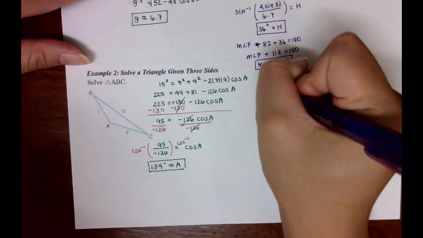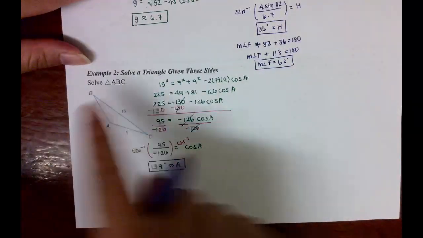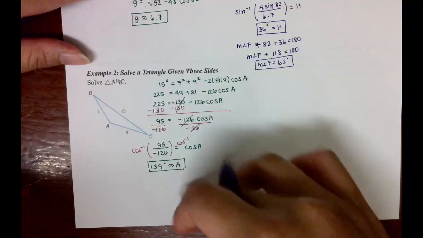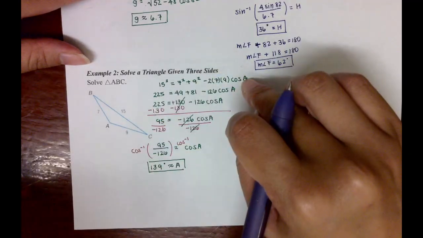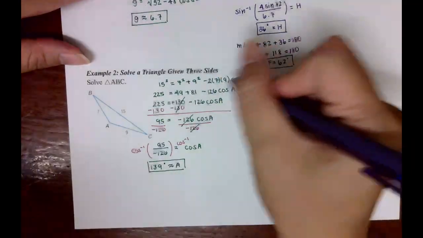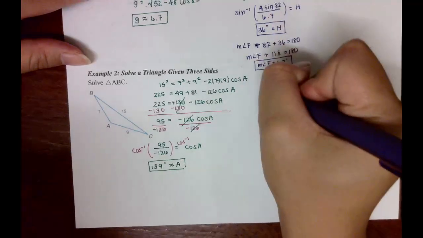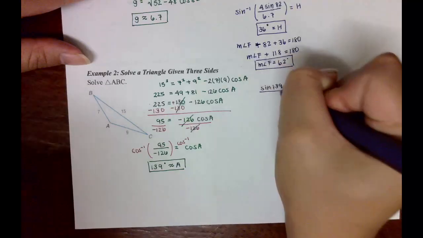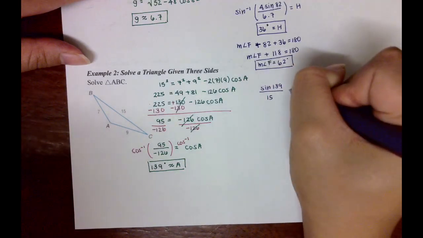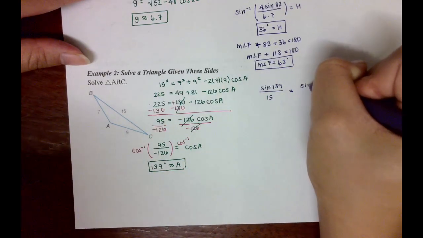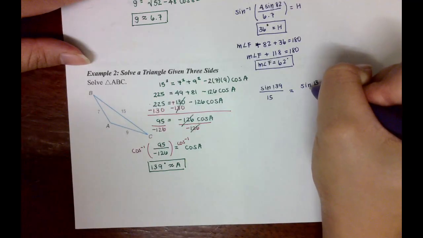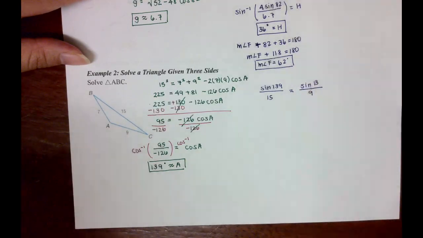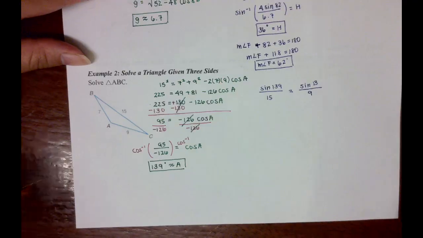Okay, so now, again, we can use law of cosines all over. Again, just change it to B and cosine B, right? But law of sines is a little bit faster. So we're going to use the pair we now have. So sine 139 over A, which is 15, equals sine of angle B over side length of B, which is 9. Okay.